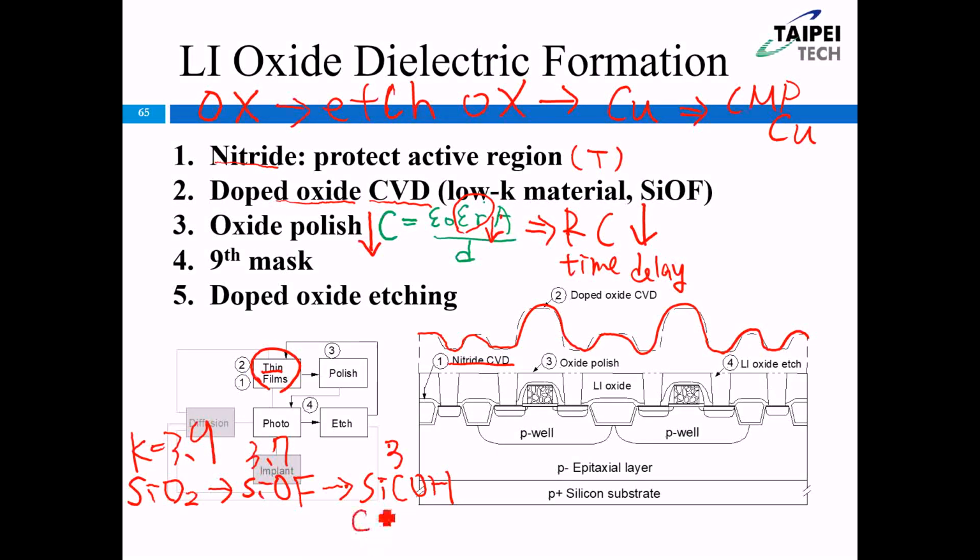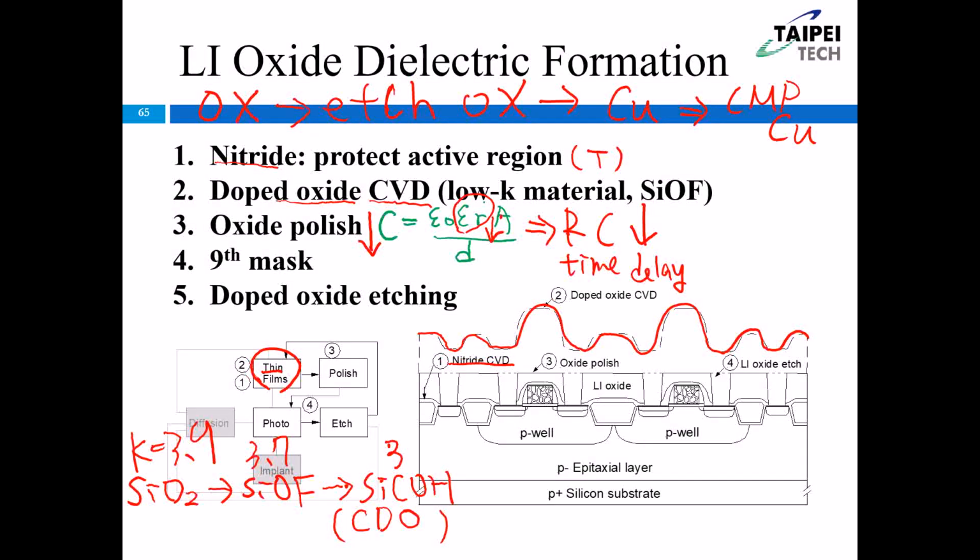Intel calls it carbon doped oxide, or maybe other companies call it differently, I don't know, Samsung and TSMC, but Intel calls it carbon doped oxide, because we have carbon in the silicon dioxide. So at that time, the dielectric constant is 3.